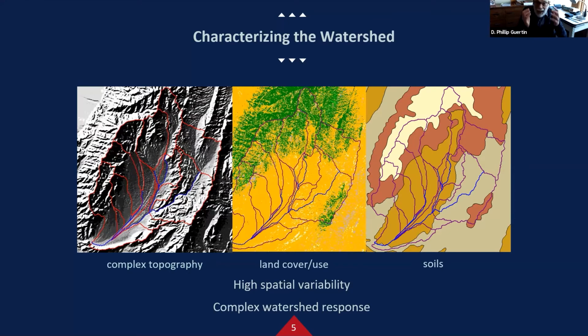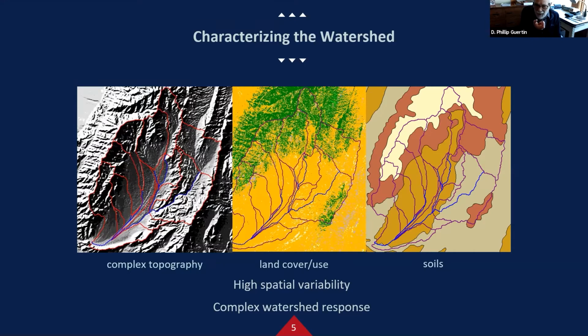And we can deal with different resolutions. We can essentially live with a 90 by 90 meter DEM or 30 by 30 meter, 10 by 10, or we can deal with LiDAR data down to a centimeter scale. Same thing with land use, land cover, or soils. We can use different resolutions within our modeling tool.